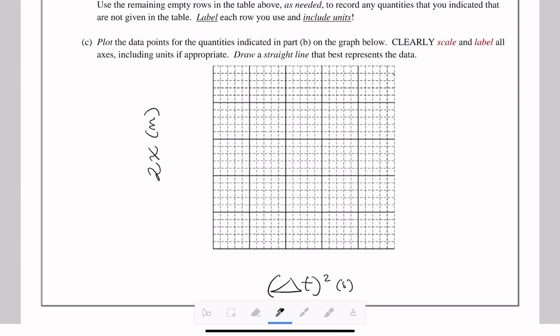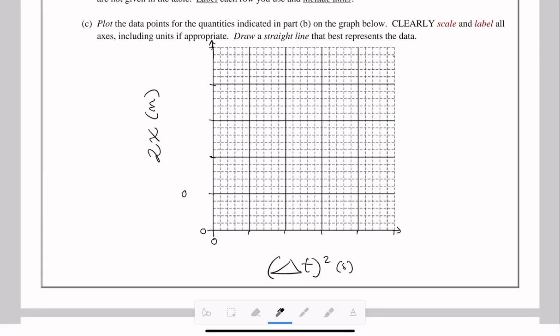For my units, I'm going to put this as 0, this is 0.62. What I was doing here was I took the largest value and divided it by 5 to see how big of an interval I wanted, and it was 0.62. Here I took the largest t value, which was 1.69, rounded up to 1.7, divided by 5, and each interval was 0.34.